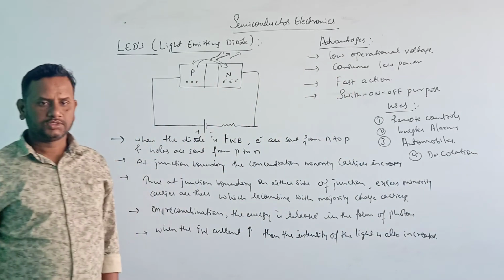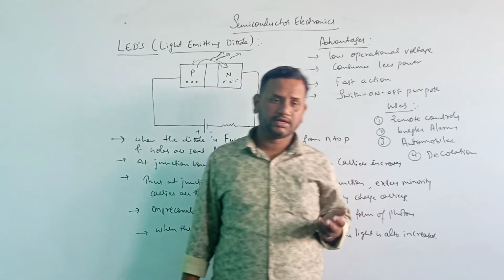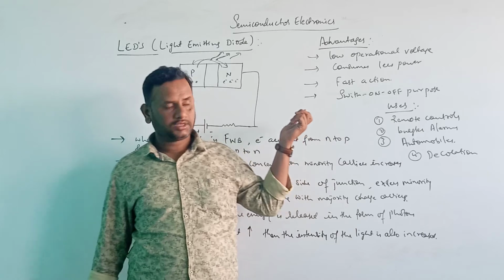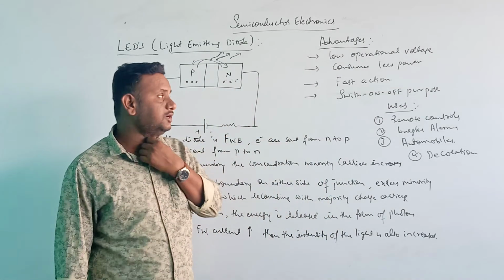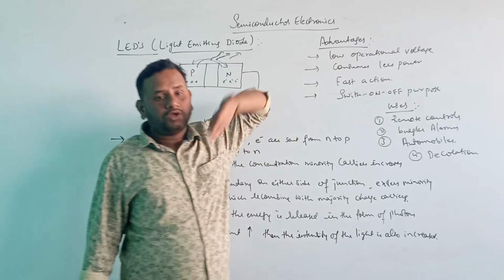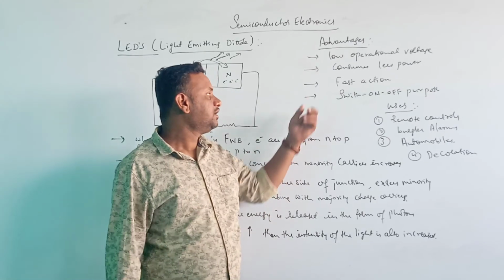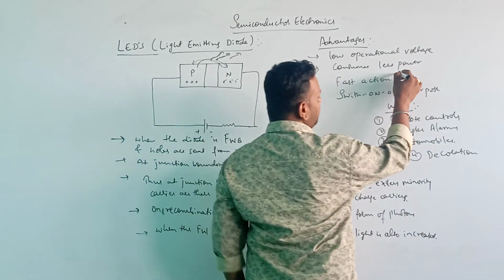In other fields also we are using LED lights. So the most important advantage is that it consumes very less power and operates at very low voltage. And it has a fast action. That means no warm up.